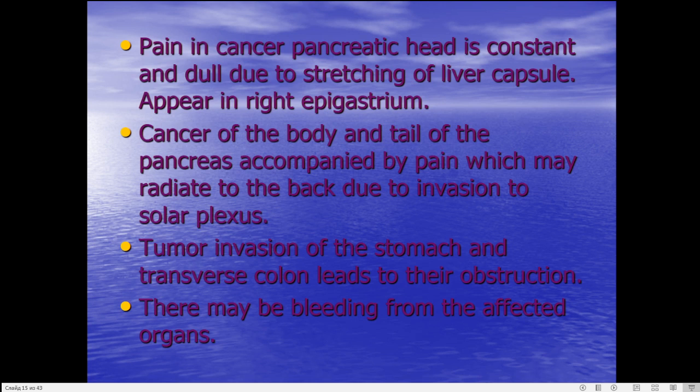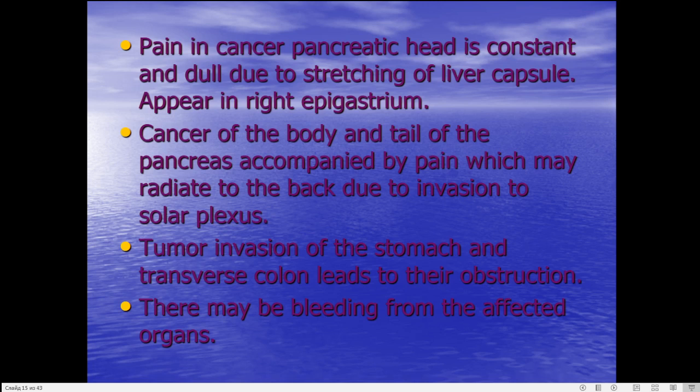Tumor invasion of the stomach and transverse colon leads to their obstruction, and the most common localization is tumor of the body and tail of the pancreas. If it invades the stomach, it may in the future lead to obstruction, and the patient will have stenosis of the stomach.